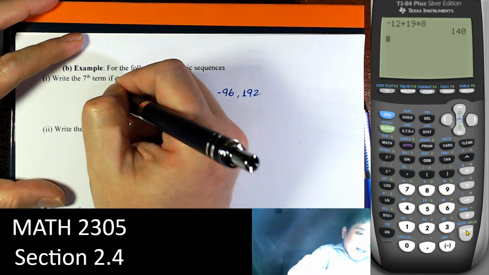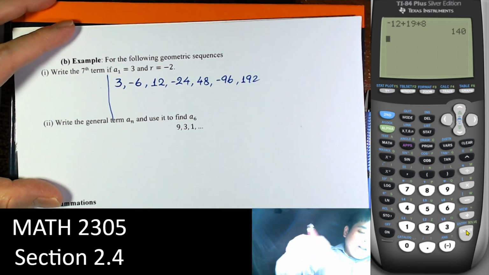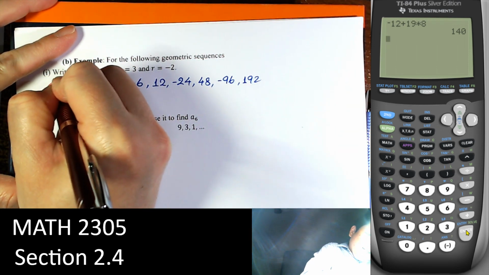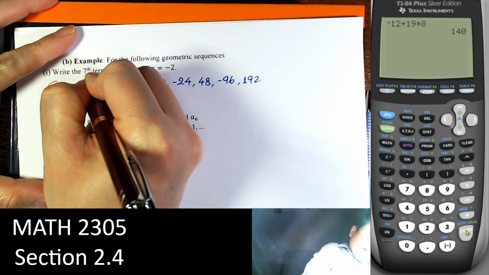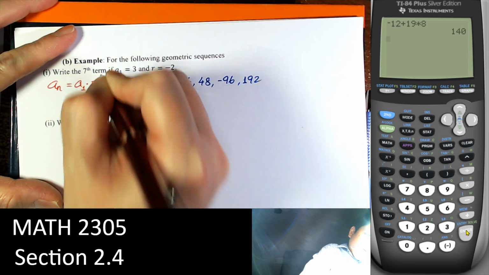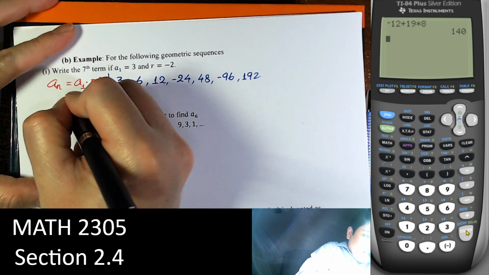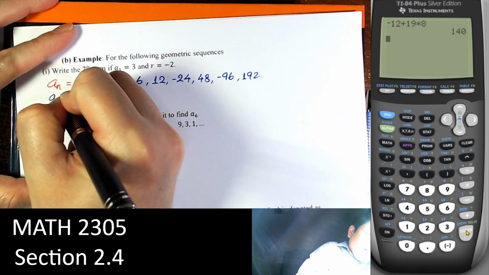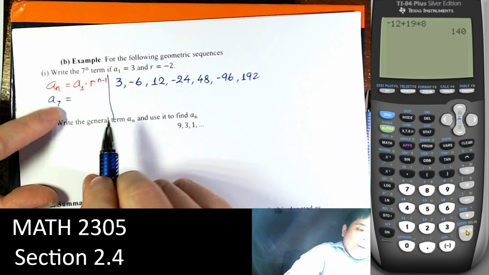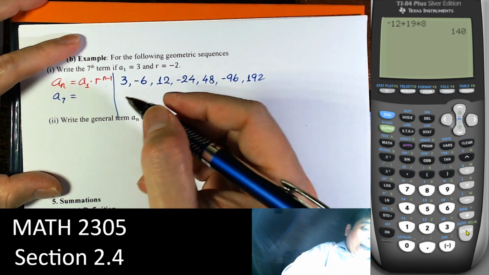Right. Of course, we can also use the formula a sub n equal to a1 times r to the n minus 1. If we want the 7th term, we put 7 in for n, and we start from 3.